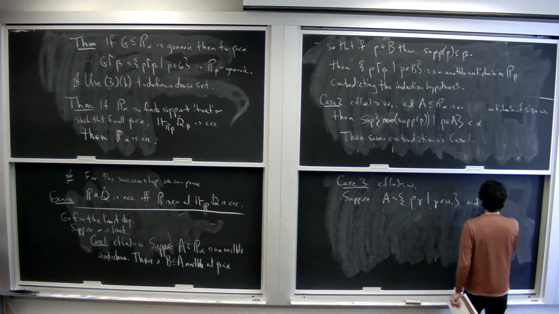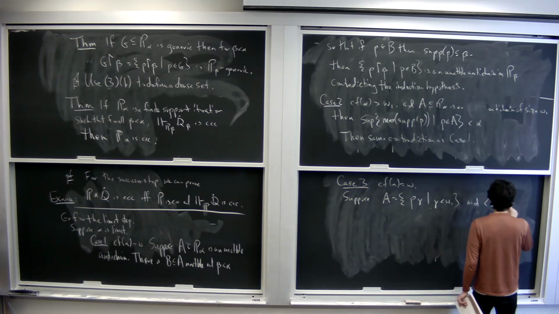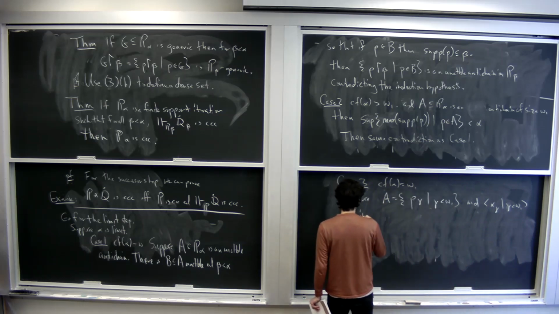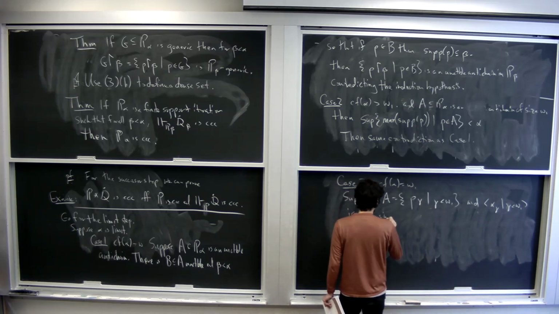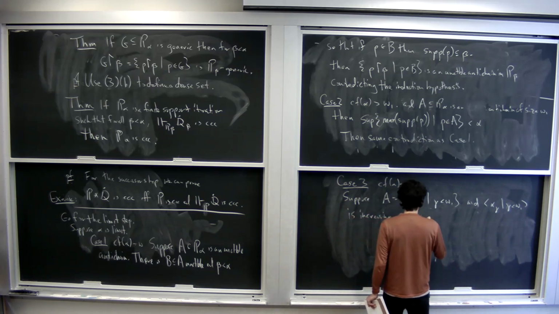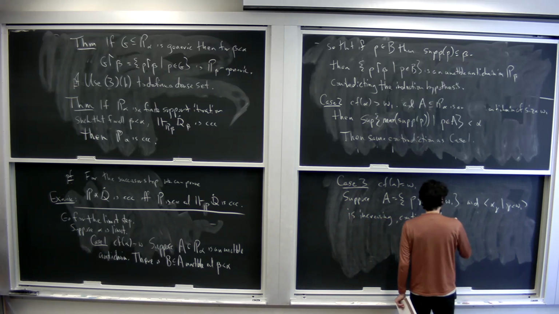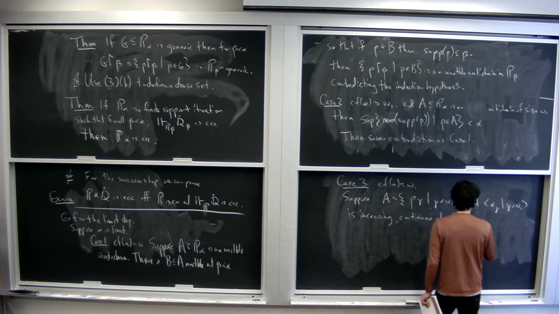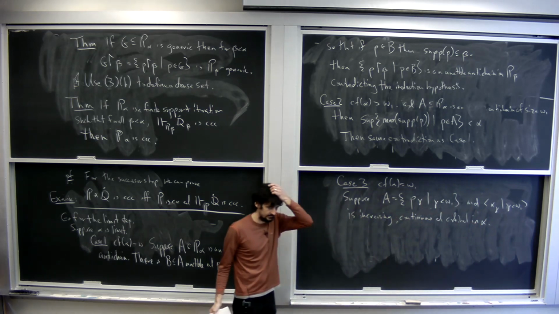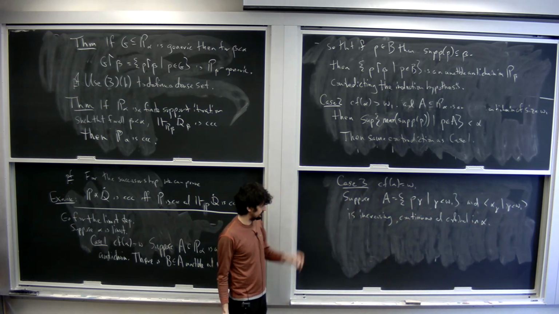And alpha gamma, for gamma less than ω₁, is increasing, continuous and cofinal. Okay, so that's the cofinality of ω₁ assumption.